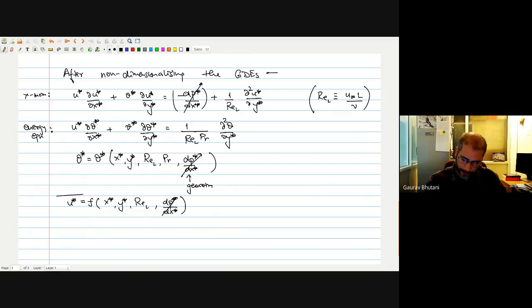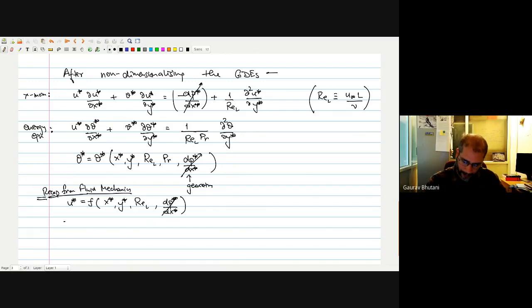Okay. So it's a recap from fluid mechanics. What we did in the past, we non-dimensionalized our x momentum equation. So my U star is a function of x star, y star, and Reynolds number only.